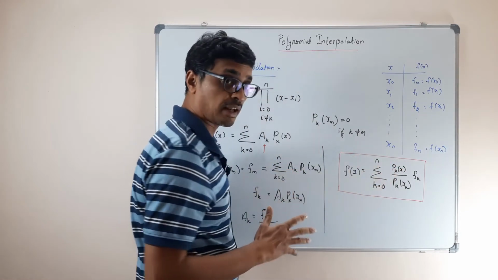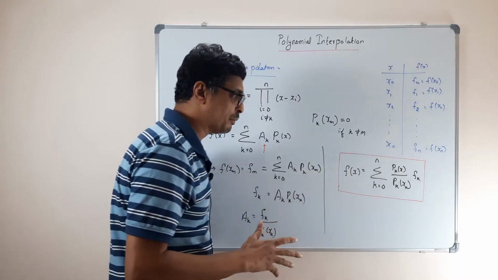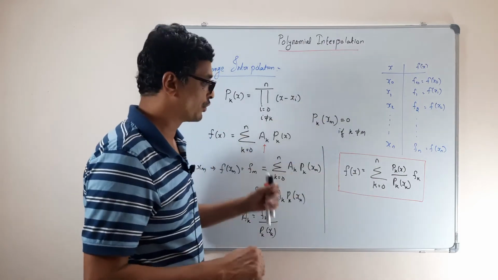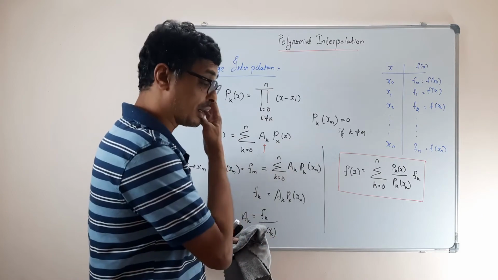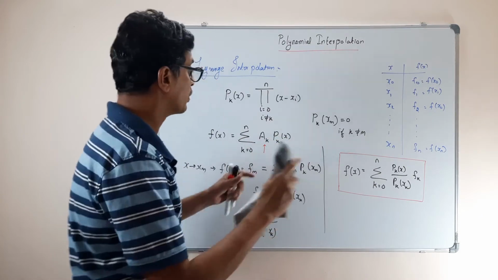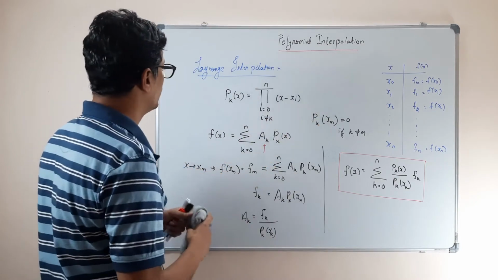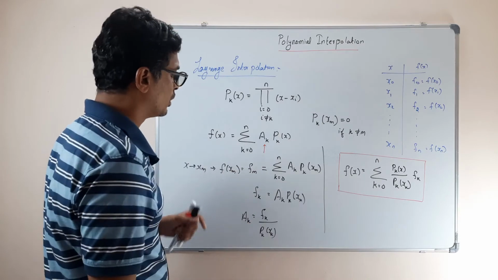So Lagrange interpolation is often not a better algorithm when your number of data points is larger. It will be very round-off prone. But yes, when you have a small number of data points, this gives you a very easy way of finding the polynomial which passes through all the points.